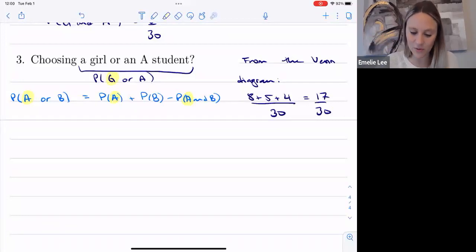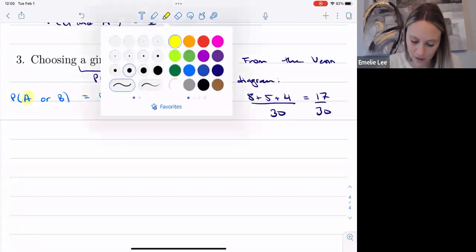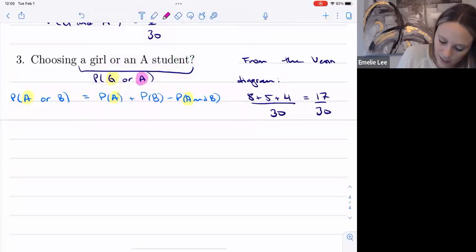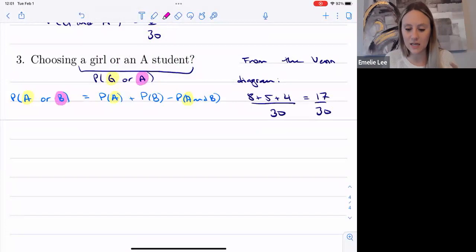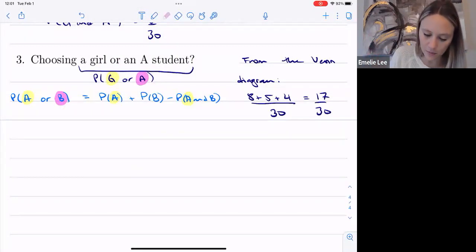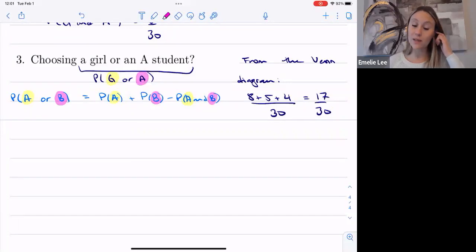It gets confusing because we also have an A here, but wherever I see a B in the general formula, I'm going to replace it with the event of an A student. So you need to really keep track of things, but wherever you see a B in the general formula, you're going to replace it with an A student, which gets confusing.